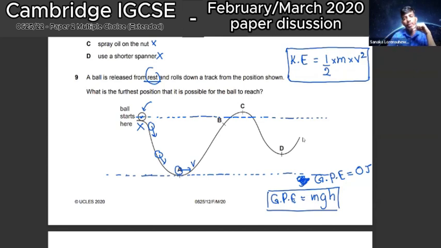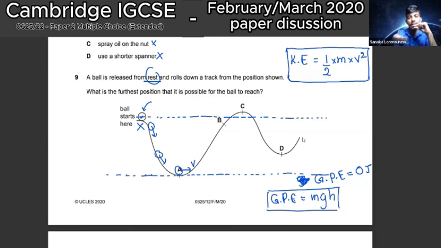Then what happened to the energy? Energy is transferred from one energy to another. What are those energies? At the starting position, the ball has only gravitational potential energy and does not have kinetic energy. Then at A, the gravitational potential energy is zero.